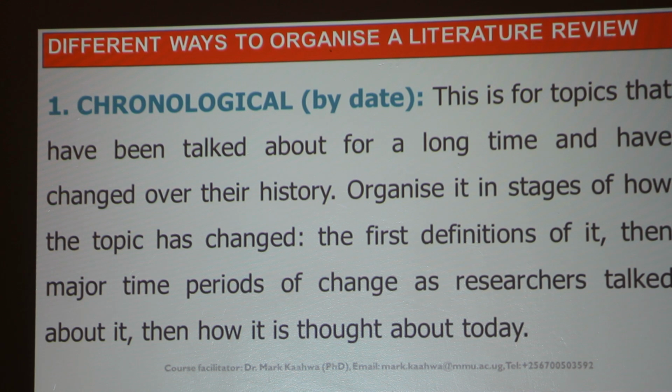When we came to 1990, what were the issues of climate change? 2000, what are the issues of climate change? So like that. In the chronological order of arranging the literature, you follow the dates of how that research progressed, or how that issue has been talked about by different scholars. So here we follow the dates of publication. We call this chronological.